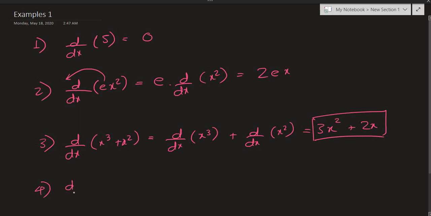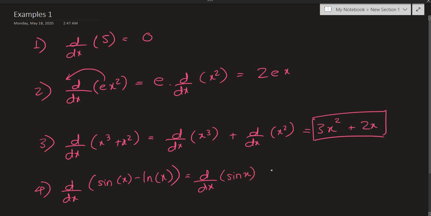So the initial ones are easy. So now we have to differentiate, let's not take any polynomial functions. Let's deal with sines and logs. So you have the derivative of sine of x minus the natural log of x. Property number 4 says the difference of two functions can be expressed as the difference of two derivatives.